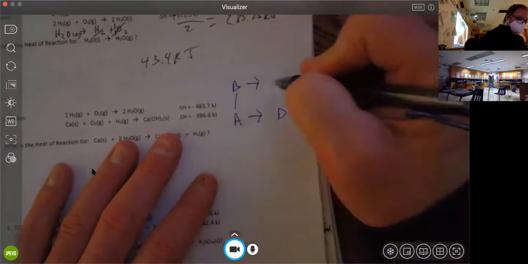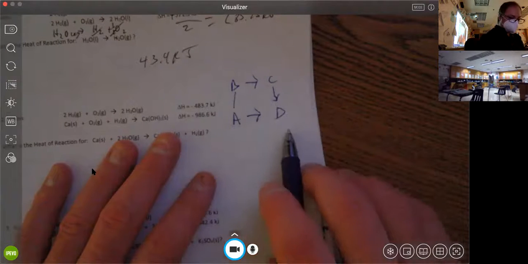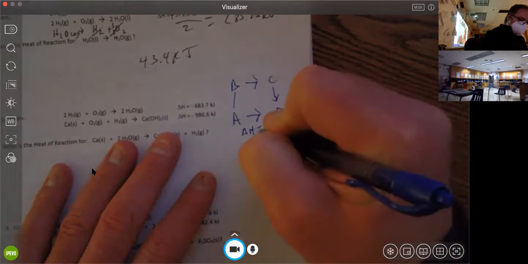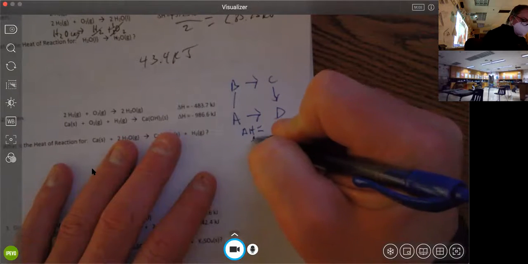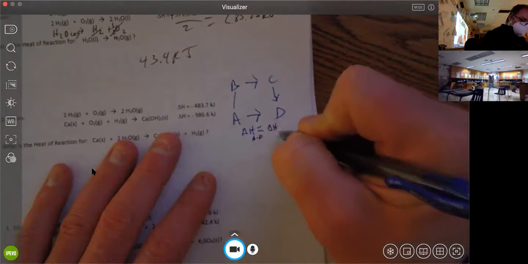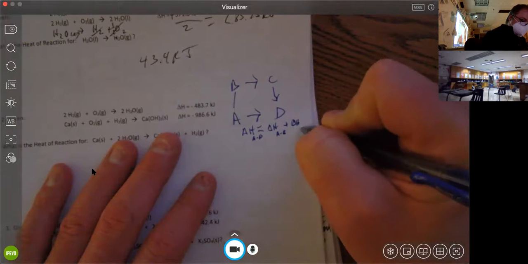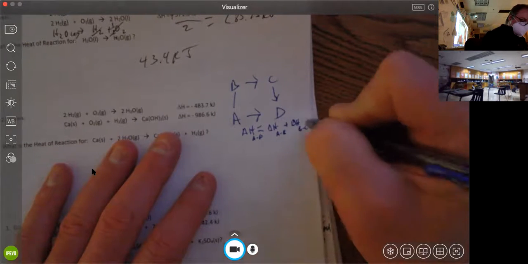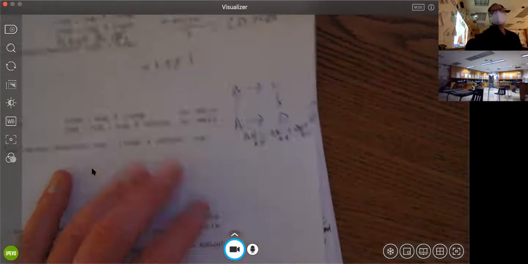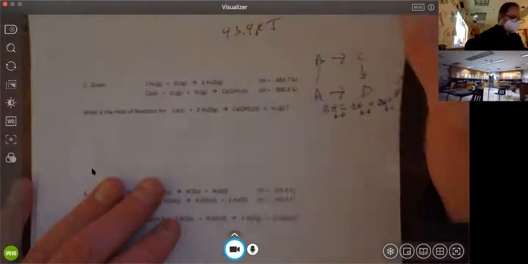But for heat, if we can take A to B and B to C and then finally get to D, the amount of energy for A to D is equal to the amount of energy of A to B plus the amount of energy of B to C, and then finally the amount of energy from C to D. So if we add all these up, this is the same. It doesn't matter the pathway we take.